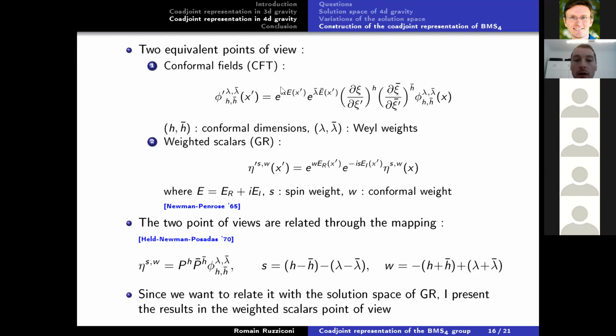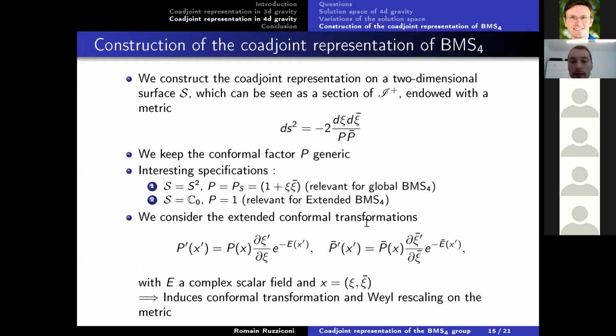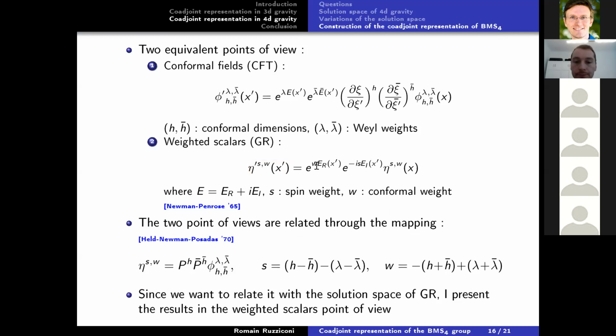These fields transform with Weyl weights lambda and lambda bar, and with conformal dimensions h and h bar. Another point of view, which is maybe more useful for people working on solution space in GR, is the weighted scalars point of view, where we are considering scalars with certain weights under, again, this extended conformal transformation, and they will have some conformal weights and spin weights.